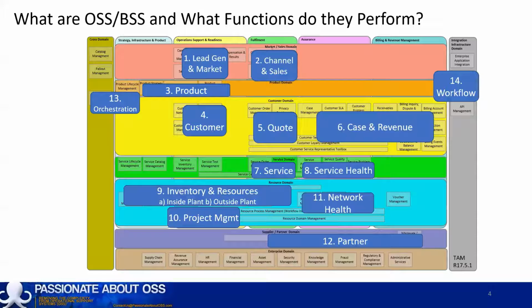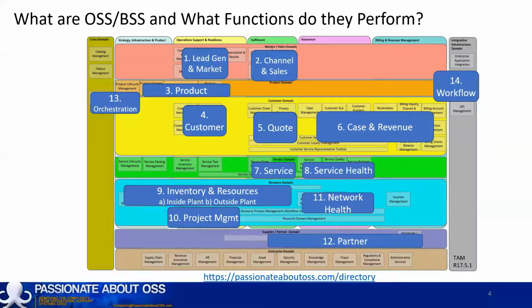These classifications shown in blue aren't part of TM Forum's TAM classification officially, but I do find them helpful for categorizing the more than 400 vendors that appear in the Passionate About OSS Blue Book of OSS and BSS vendors that you'll find in the link shown below.